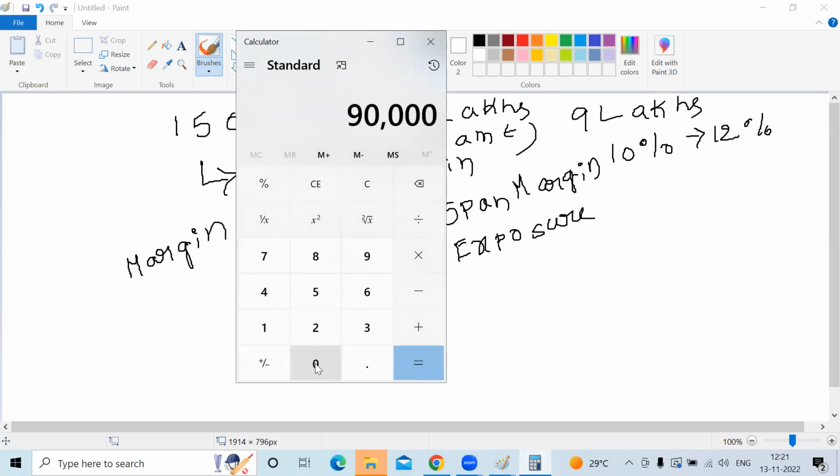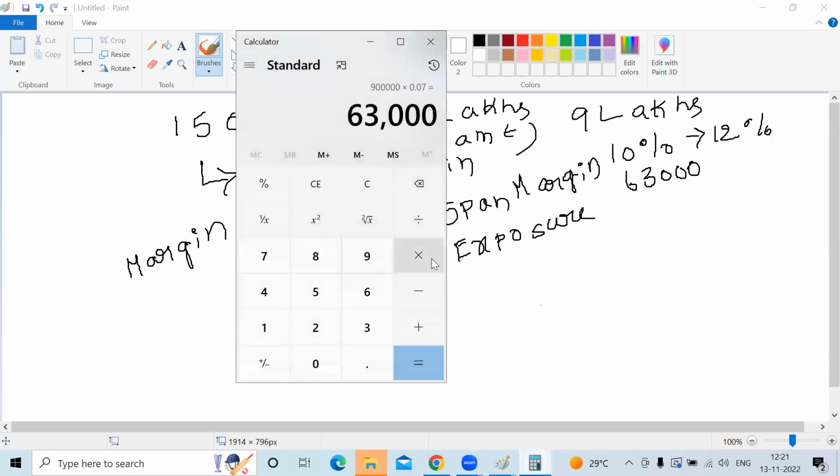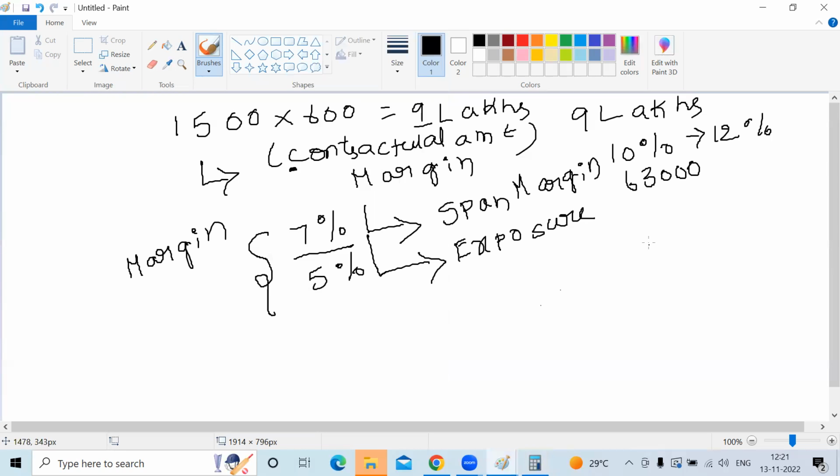9 lakhs into 7% is 63,000. We will calculate 5% also. 9 lakhs into 5% is 45,000.